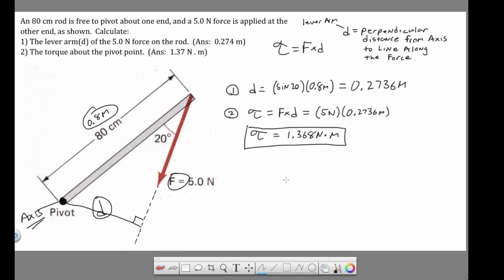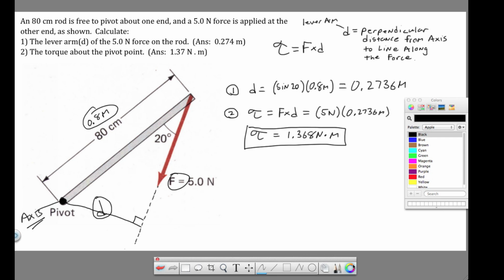And I just want to show another way to find torque. The idea is that the force and the distance, force times distance, they have to be perpendicular to each other. So one other way to get torque, we'll do blue here. What I'm going to do is show the components of this 5 Newton force in blue.